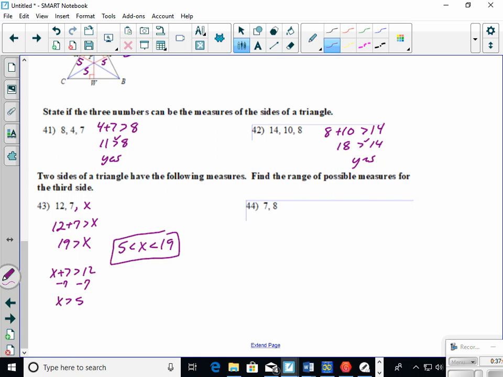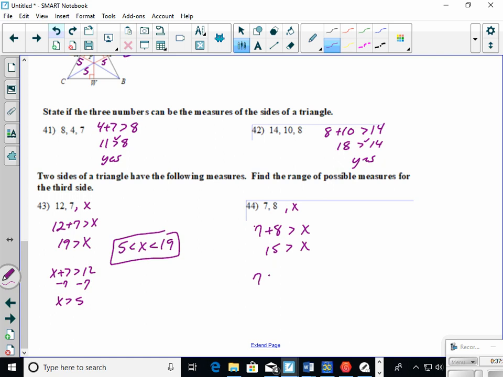So between 5 and 19 is the range of numbers we can use. And for 7 and 8, so third number x, so 7 plus 8 has to be greater than the third side, x. So 15 has to be greater than x. And then the smallest one plus x has to be bigger than the largest one.